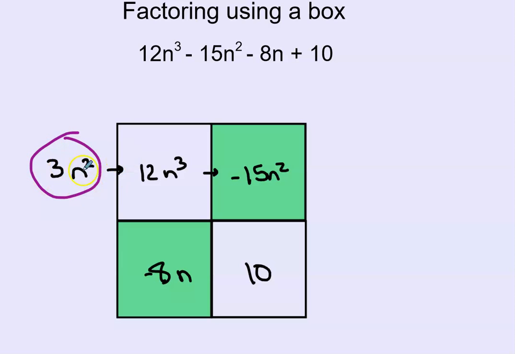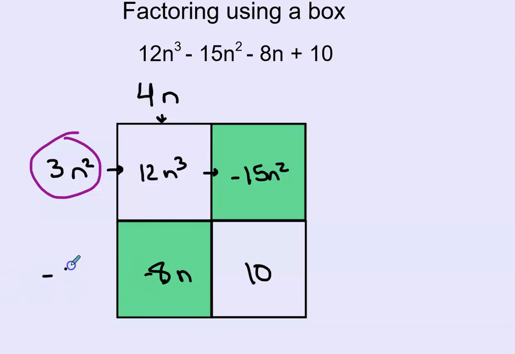Now that we know that this is 3n squared, this just becomes like a little puzzle, almost like a Sudoku puzzle. 3n squared times what up here gives me 12n cubed? That's going to be 4n, because 4n times 3n squared gives me that 12n cubed. And then let's look down here now. What times 4n gives me negative 8n?